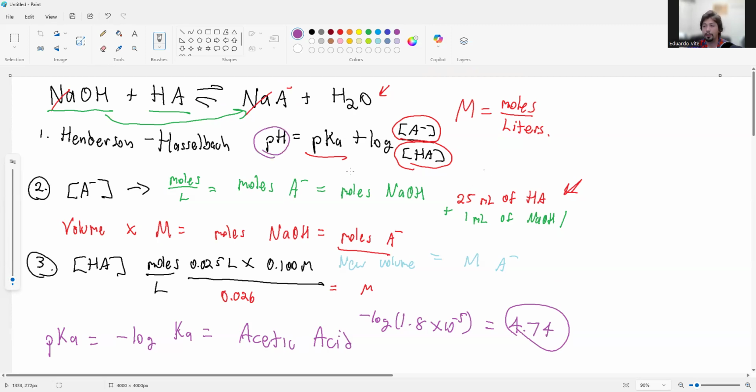So you're going to make another column on Excel, and you're going to put pH, and you're going to have that equal to the pKa, which is just negative log of whatever number they give you, plus the log of, and you're going to put parentheses, your concentration of A minus, which is part of one column, over your concentration of HA, which comes from another column, and that'll give you the pH up until the equivalence point. So this takes care of the entirety of region 2, all right?